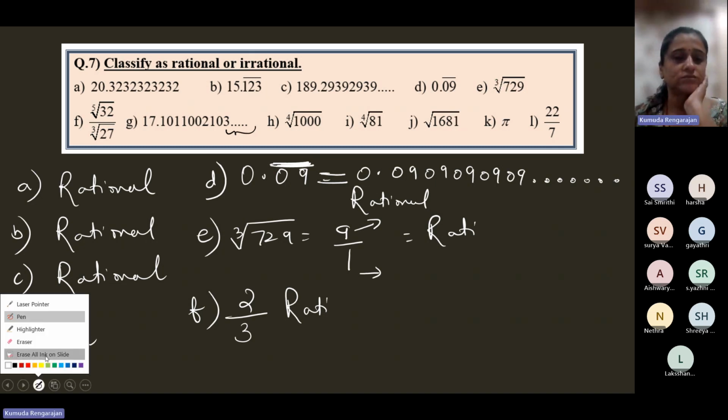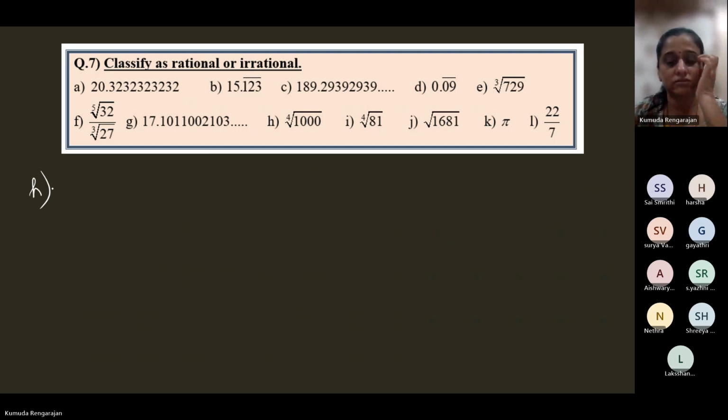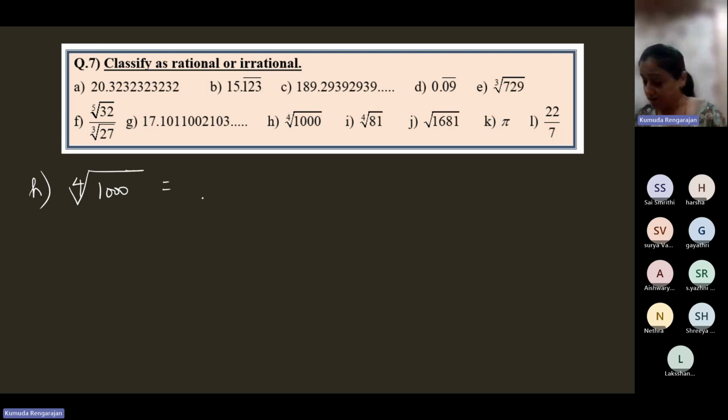What about H? What is the value of the fourth root of 1000, by the way? Cube root of 1000 is 10. But what's the fourth root of 1000? 1000 does not have a perfect fourth root.